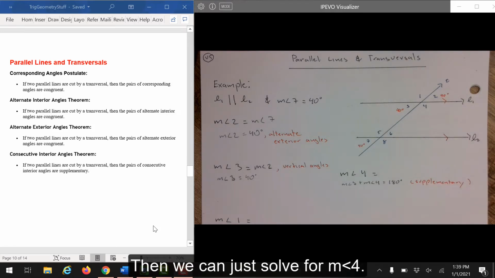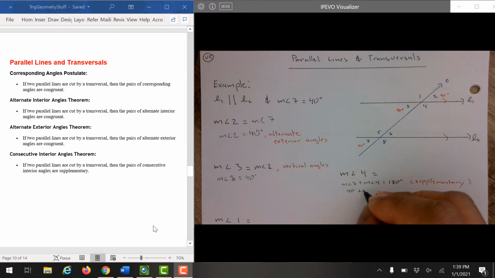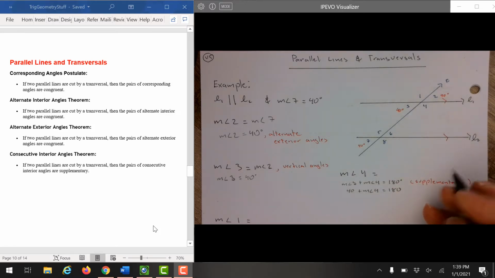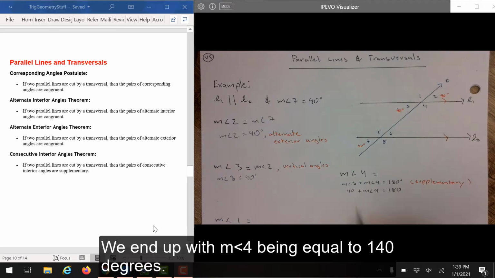Then we can just solve for the measure of angle 4. We end up with the measure of angle 4 being equal to 140 degrees.